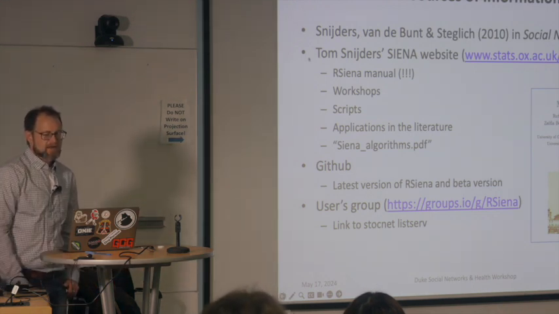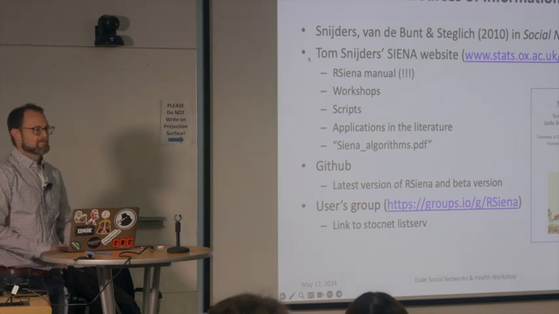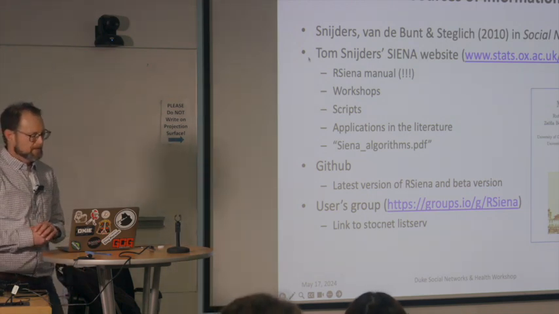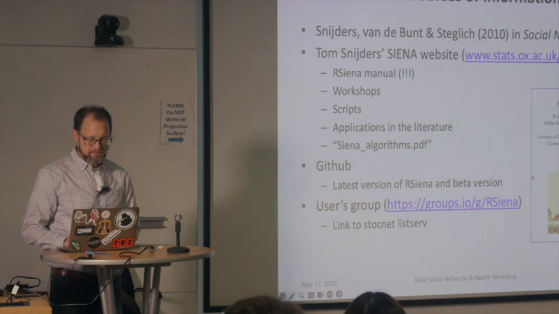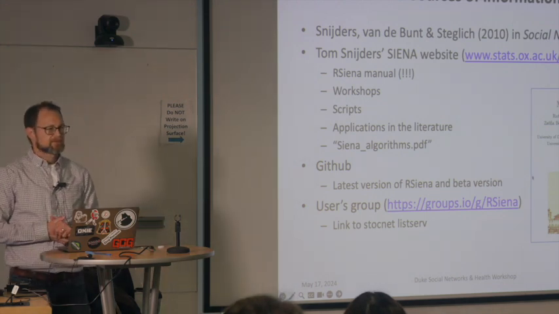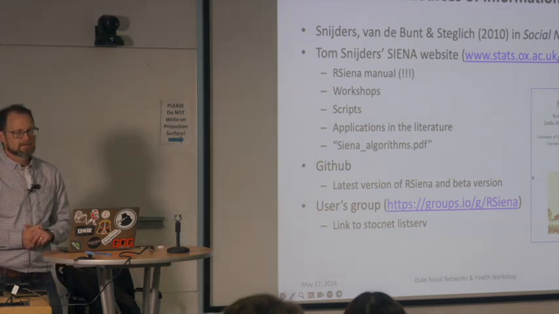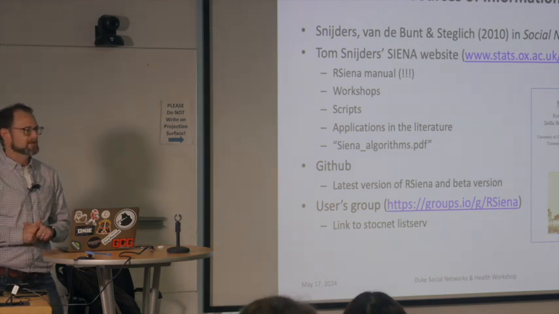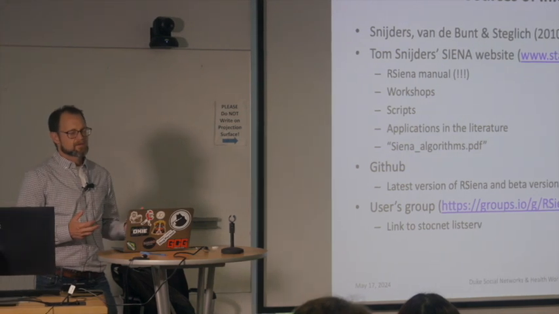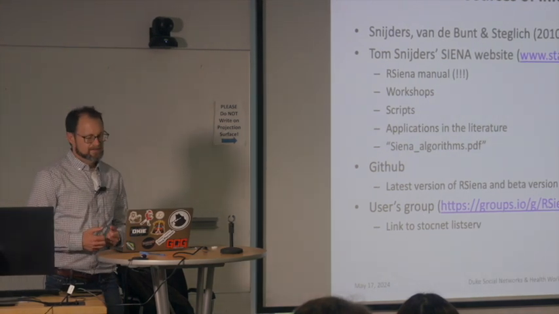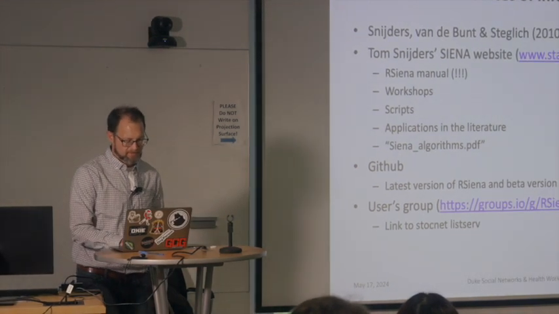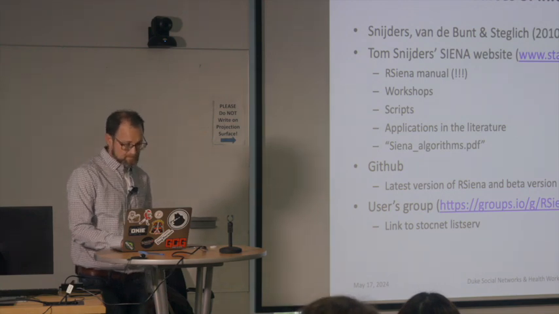But Tom Snijders has a website with an immense amount of information. A manual, probably 200 pages now, that really is essential if you're going to be modeling, because it helps to explain the kinds of effects, how the model works, the kinds of data you need. It really is one of the most detailed manuals I've seen.